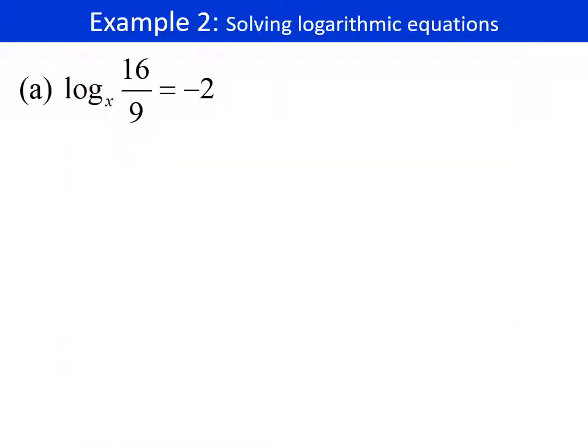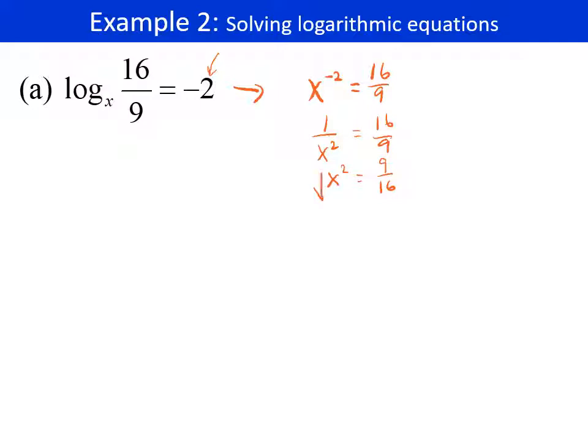Using the transformation formula, this is equivalent to having base x, the logarithm is the exponent, and then the other number would be the 16/9. Now the x to the negative 2 is the same as 1 over x to the positive 2. If we invert both sides, we'd have an x squared and a 9 over 16.